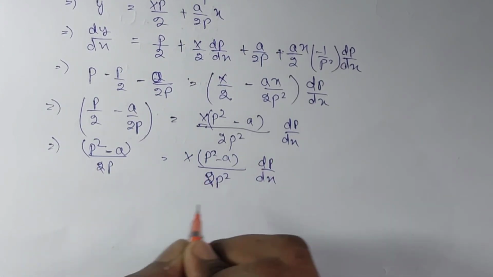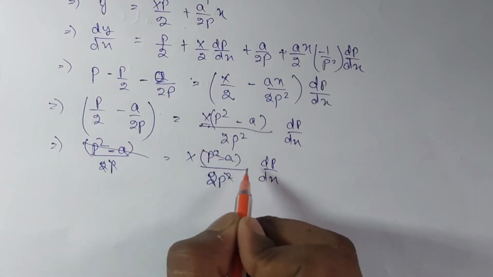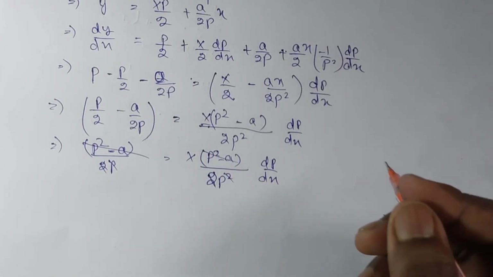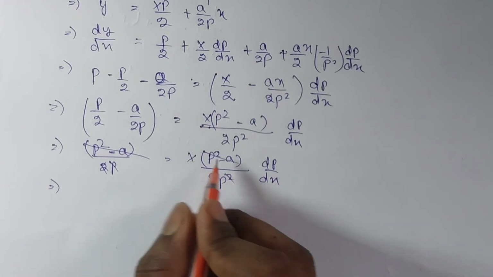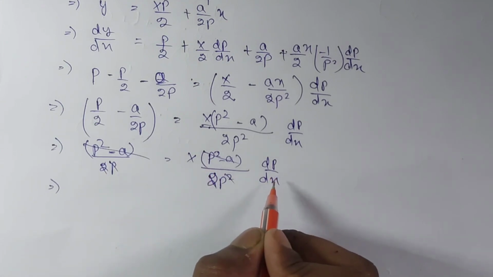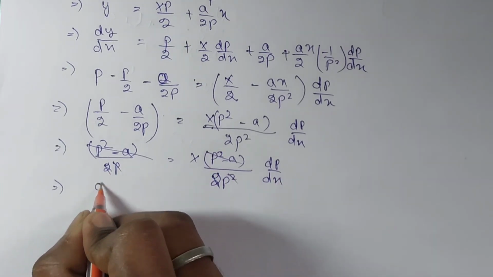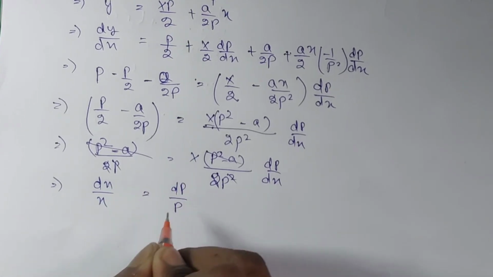So here the 2 cancels out, one p also cancels out, and p square minus 1 also cancels out. Then what we get is 1 equals x by p dp by dx, so you can write it as dx by x equals dp by p.